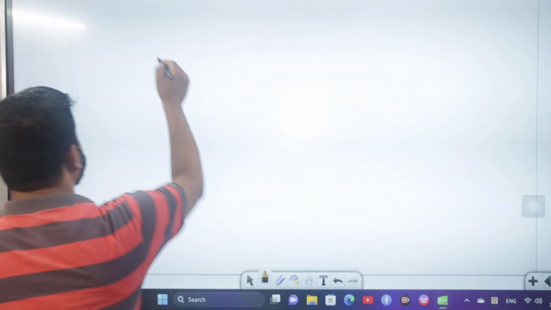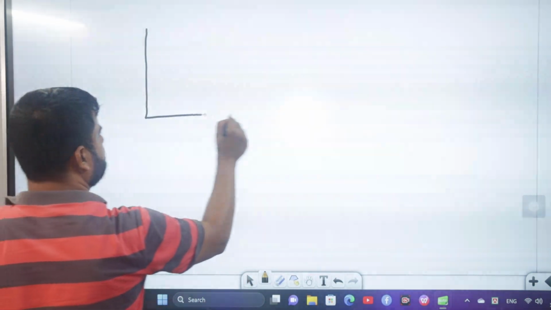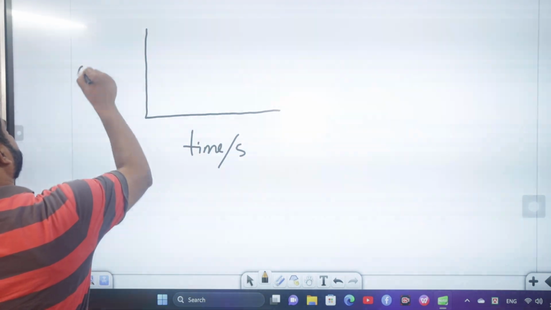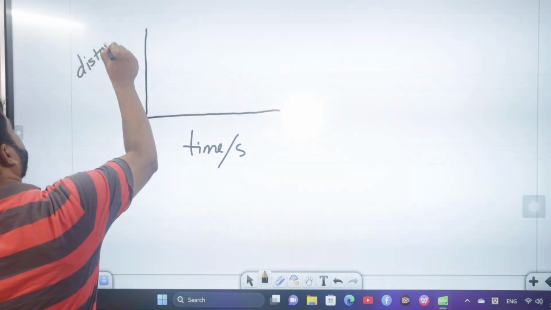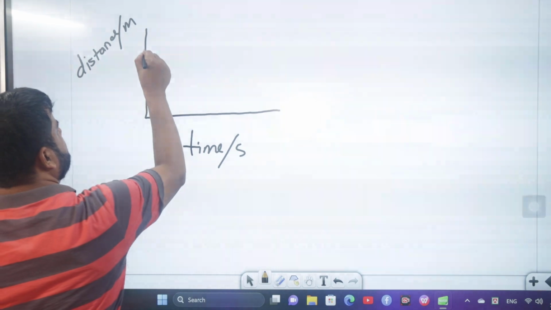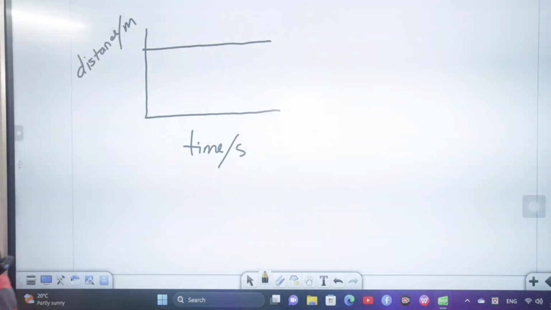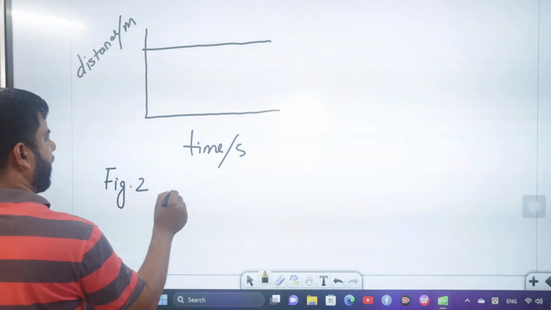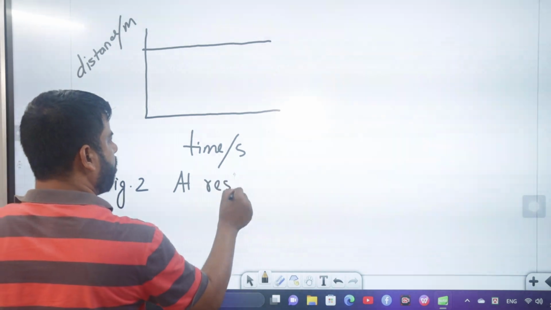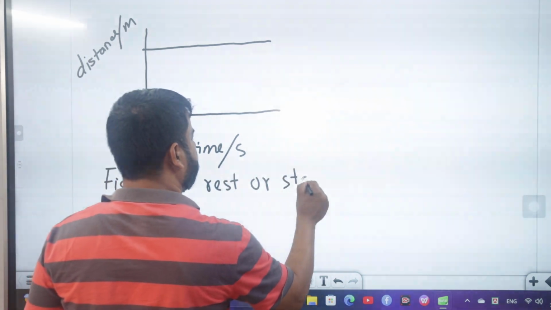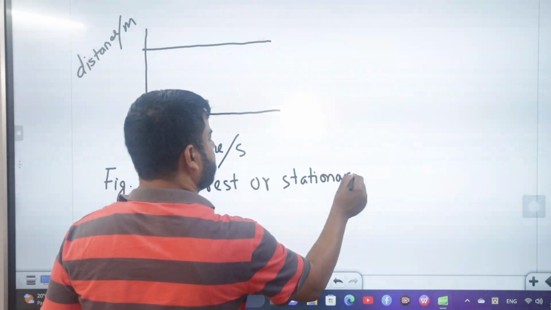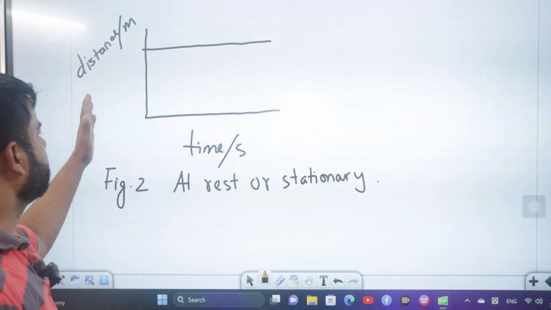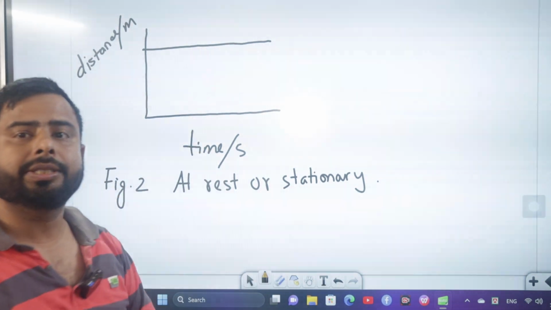Now if the distance time graph, here time in second, here distance in meter, is a straight line horizontal with time axis, then the object is at rest or stationary, because look at the graph, distance remains the same.